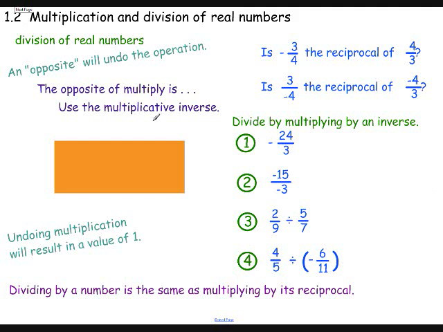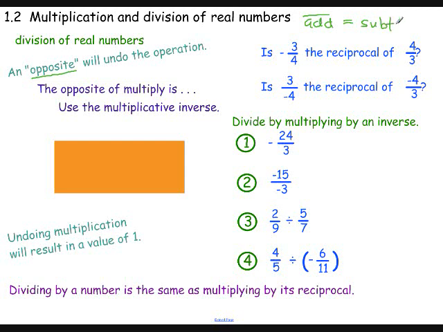Multiplication and division of real numbers. Here we're going to talk about what would be the opposite operation. Remember, in addition, the opposite of addition, I don't know if that's the legal way to write it, is subtraction.